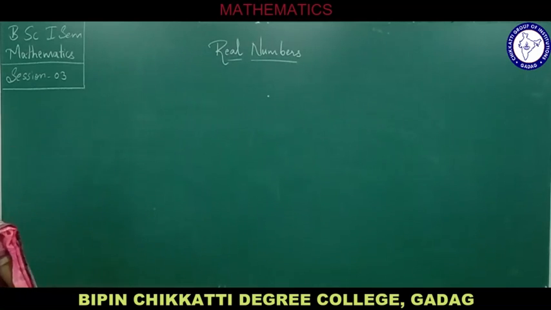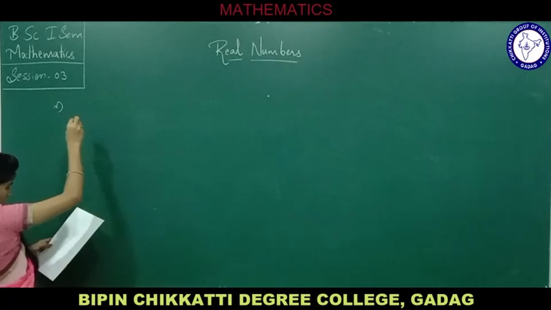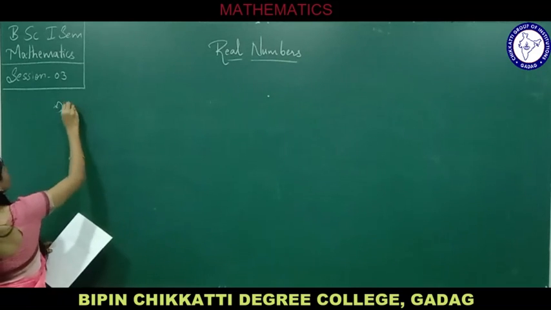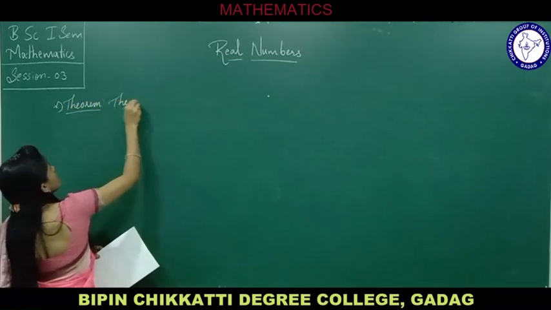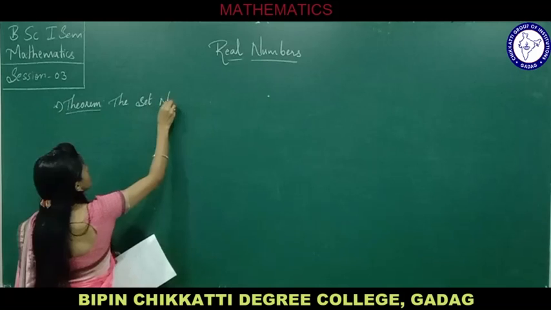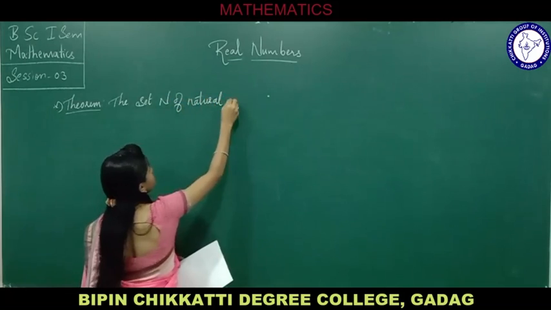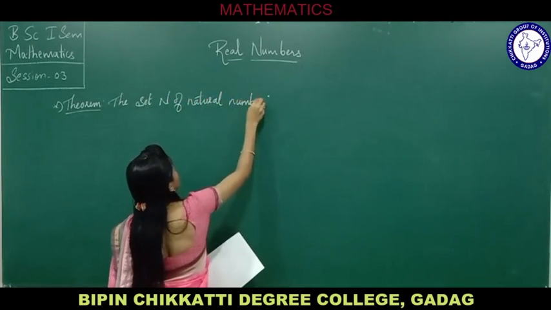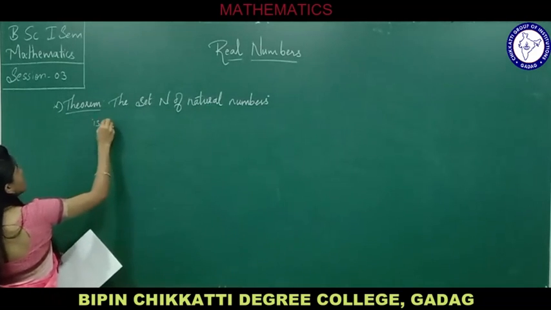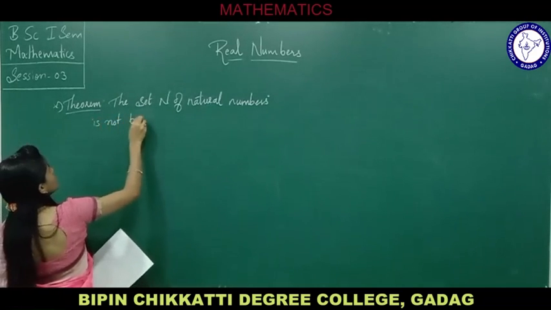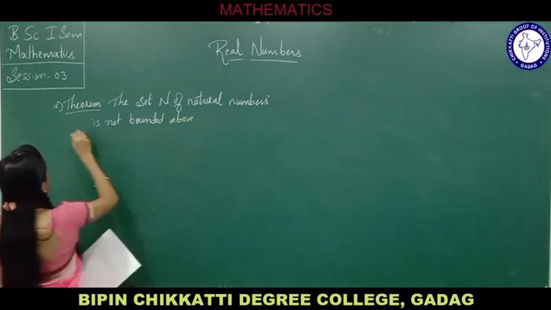What is the theorem given? The set N of natural numbers is not bounded above.